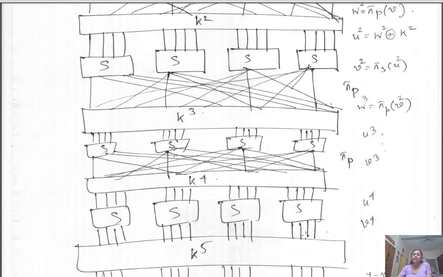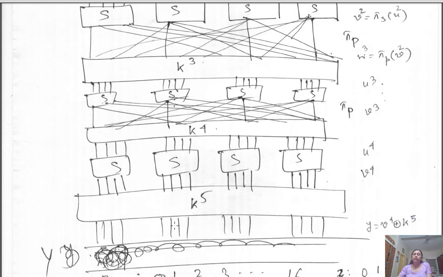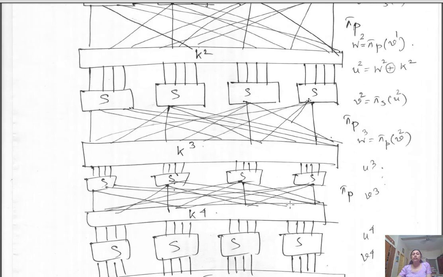Now in this fourth step, no shuffling is used at this last step. Whatever the substitution box gives you, it is directly XORed with K5, and the resulting value is your cipher text.